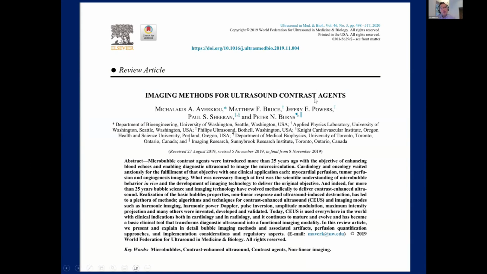But if you were interested to look at the sort of pulse sequences that are necessary to visualize contrast, this review paper looking at the imaging methods is a very nice paper and tells you all you can use contrast for.